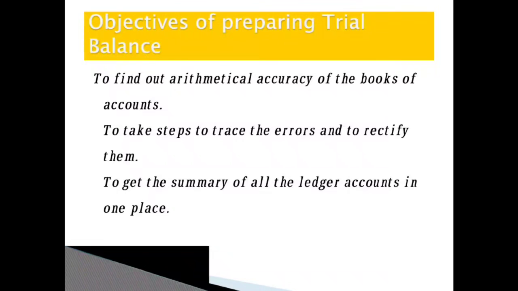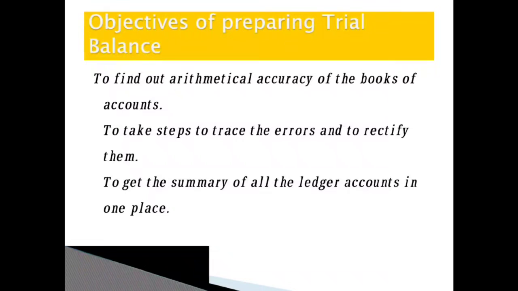So with the help of the trial balance, we will find out the arithmetical accuracy of the books of our accounts. Secondly, to take steps to trace the errors and to rectify them. As I said, the first intention is to find out the arithmetical accuracy of our accounts.